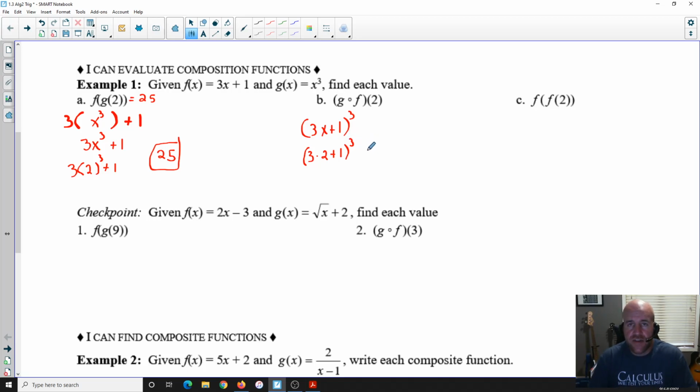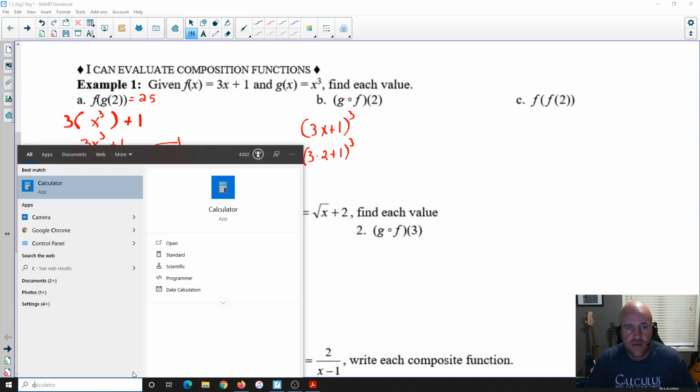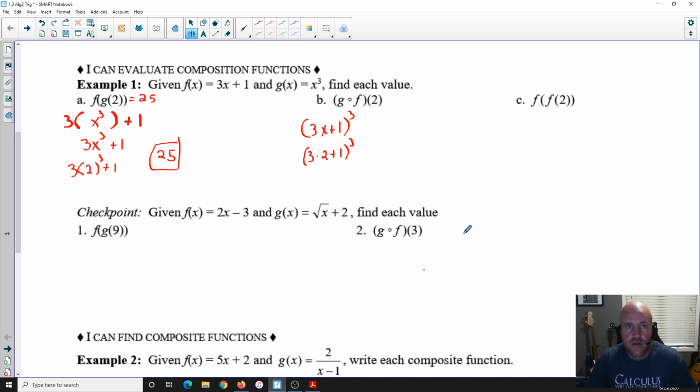So let's think. 7 times 7 is 49, and then what is 49 times 7? So let's think about that for a second. So that should be 343. Right? Because this is another strategy that I teach for multiplying in your head.